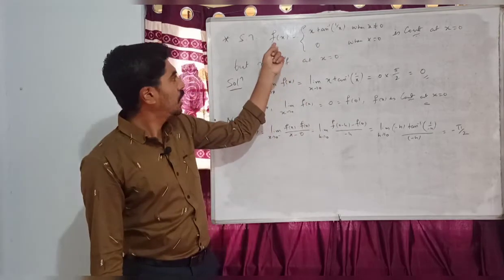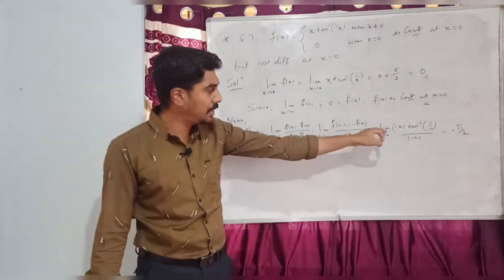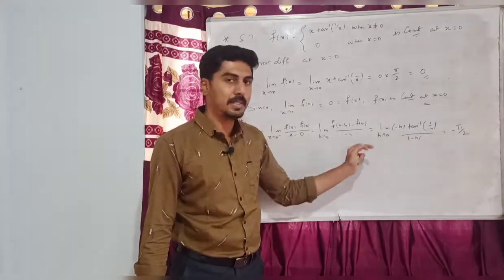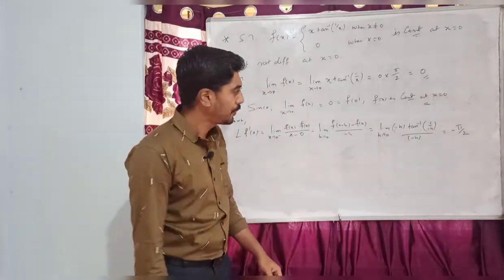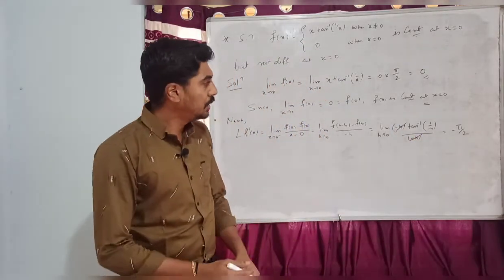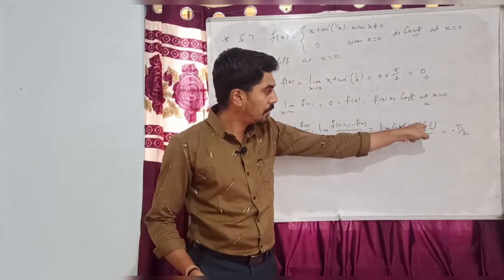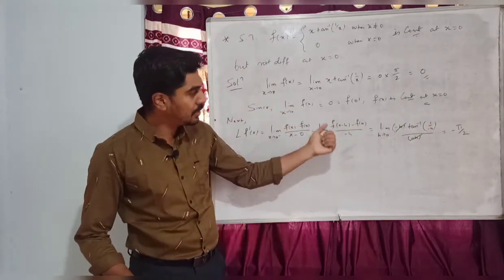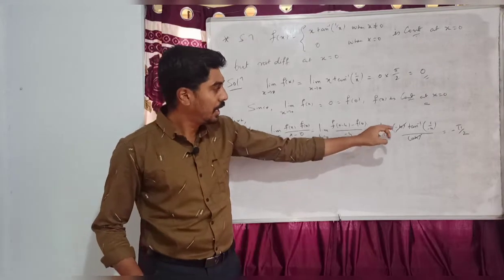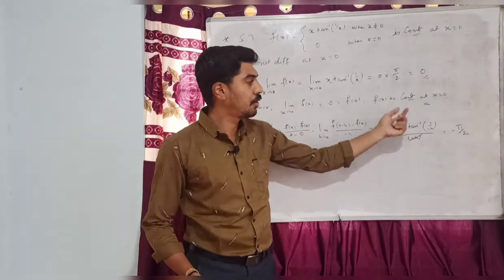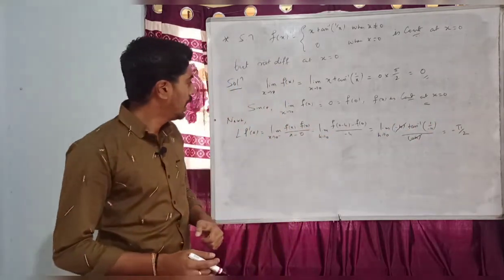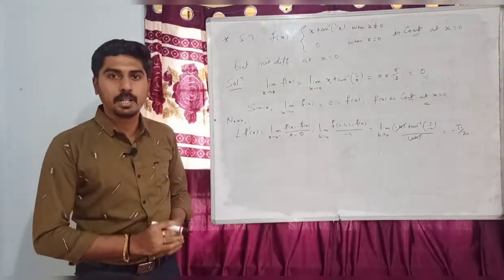By the definition of f of x, this will be equal to minus h into tan inverse of 1 by minus h divided by minus h as h tends to 0. Here minus h and minus h get cancelled. We know that tan inverse of minus 1 by h is equal to minus of tan inverse of 1 by h. As h tends to 0, I get here minus of tan inverse of infinity, which is equal to minus pi by 2.